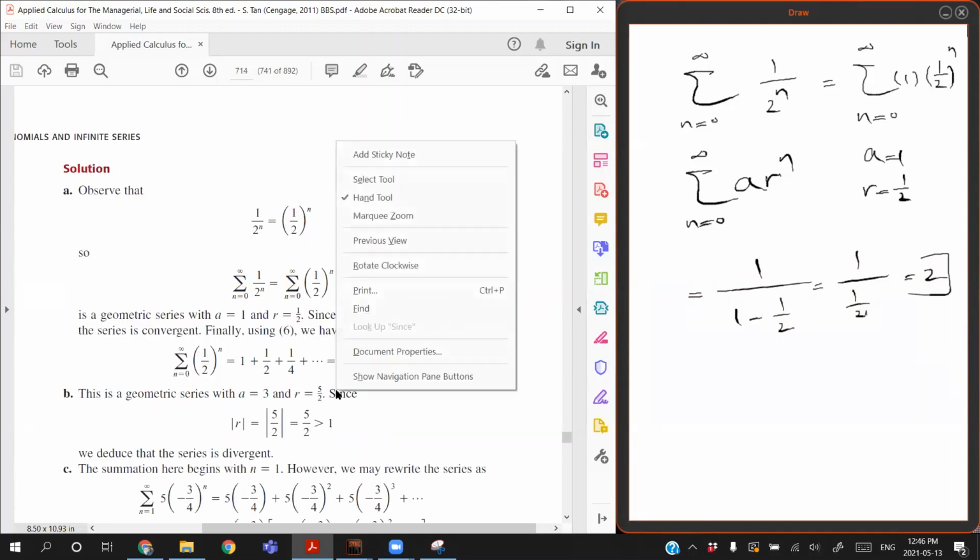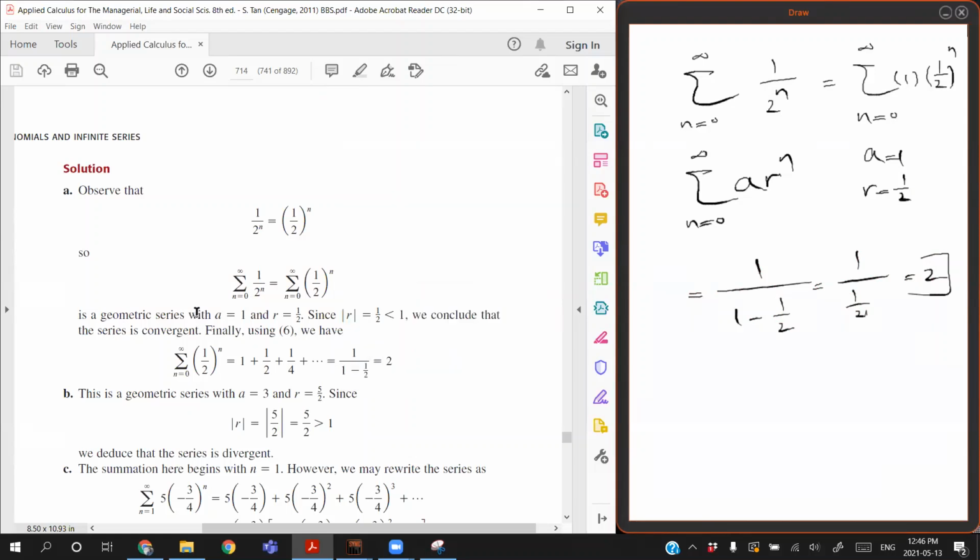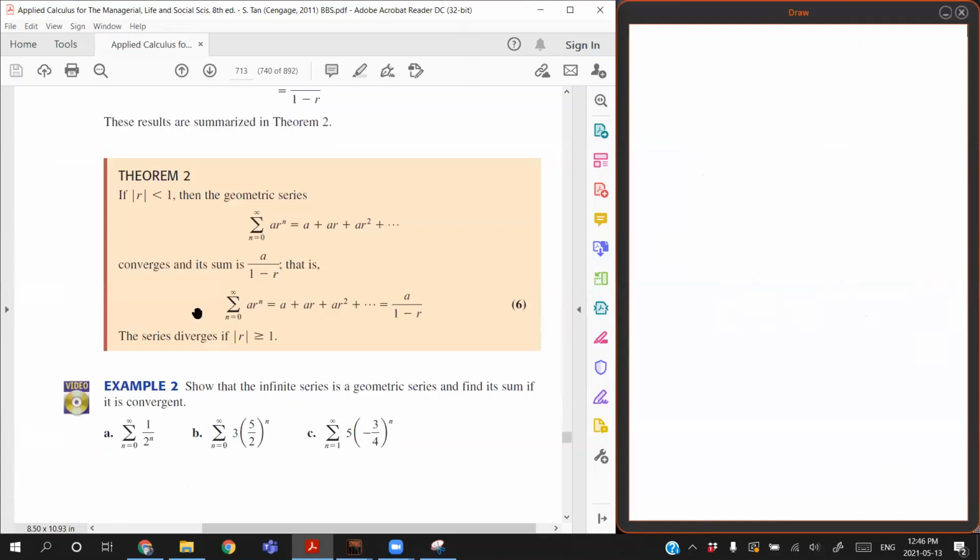Let's look at part B. We have sigma n from 0 to infinity of 3 times 5 over 2 to the power of n. I can see the first term of this sequence is, when I plug in 0 here, I get 5 over 2 to the power of 0.